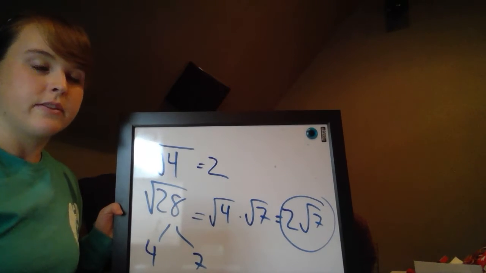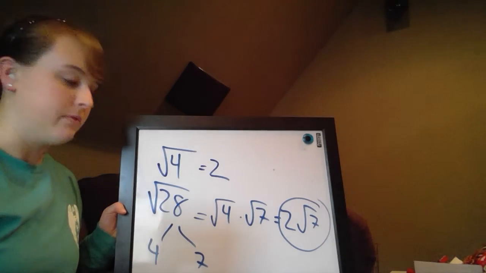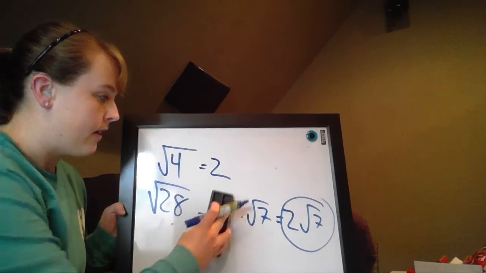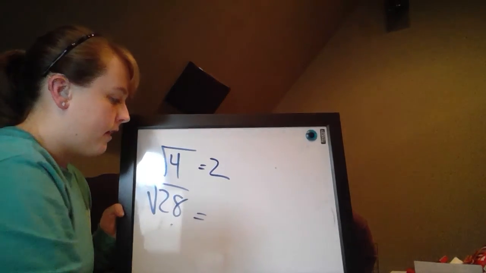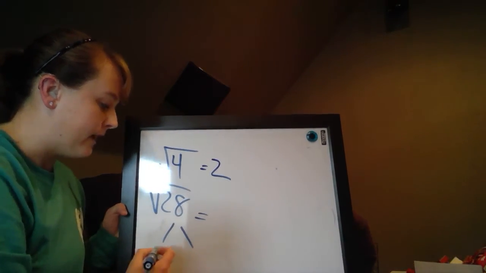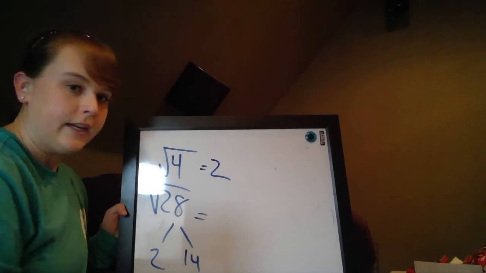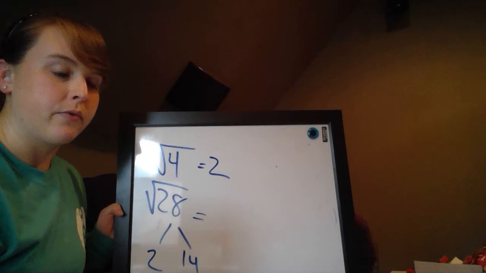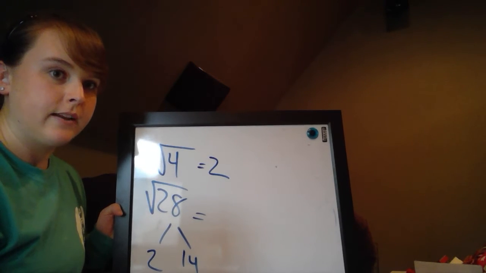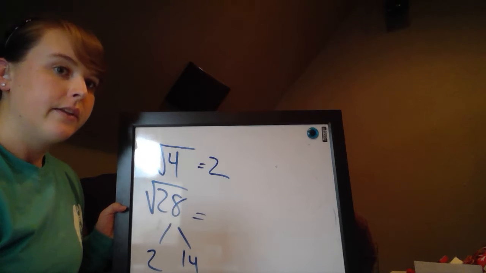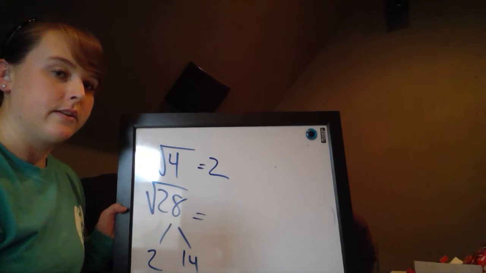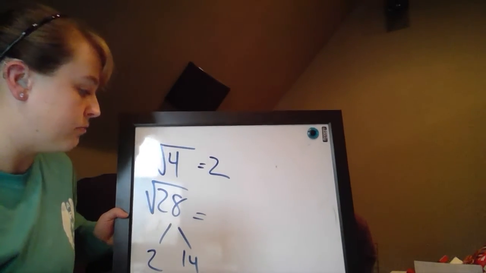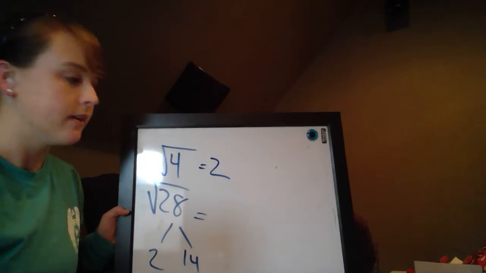Now let's say we thought of some different numbers, because there's a different way we can simplify this as well. Let's say instead of 4 and 7, we thought of 28 divided by 2, which is 14. So I could write this as the square root of 2 times the square root of 14, but actually 14 is a number that breaks down further. A way that will work anytime you want to simplify a radical is to break it down into its prime factors.